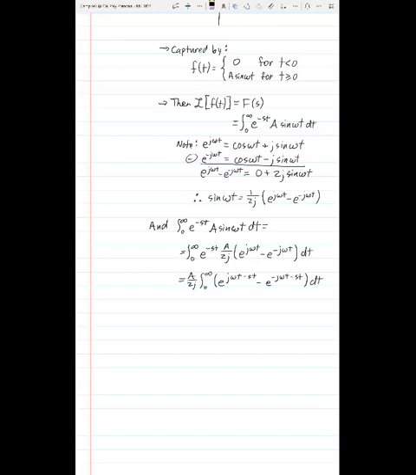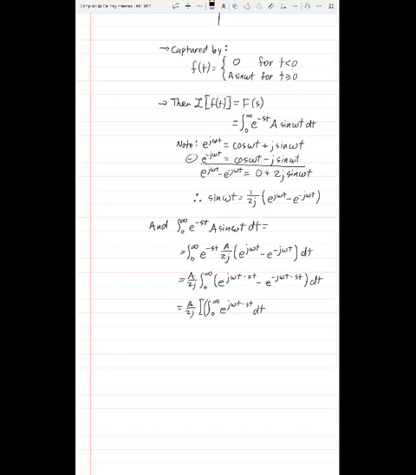And so then I can take each of these exponential functions and integrate them separately. So this is equal to a over 2j, square bracket, the integral from 0 to infinity of e to the j omega t minus st dt.